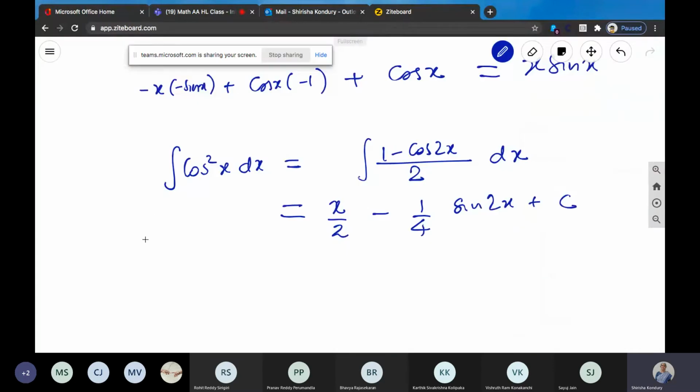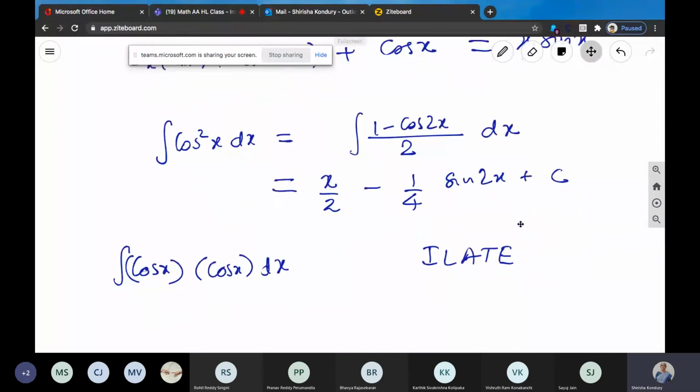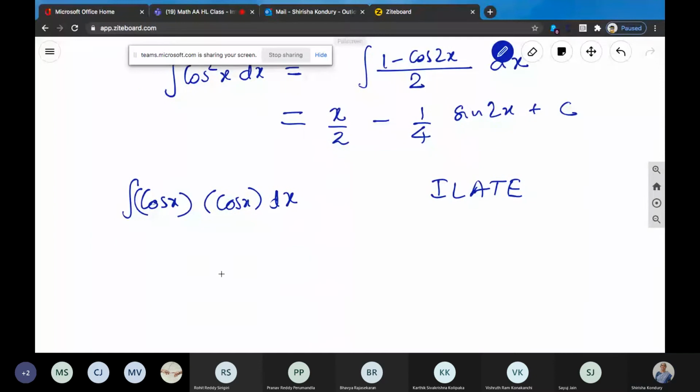Okay. So I'm going to write this cos square x as a product. Can you please try? Now tell me, in my ILATE rule, both are the same function. So which one should I take as u and which one should I take as v dash? Maybe it doesn't matter. Let's see. Let's try.